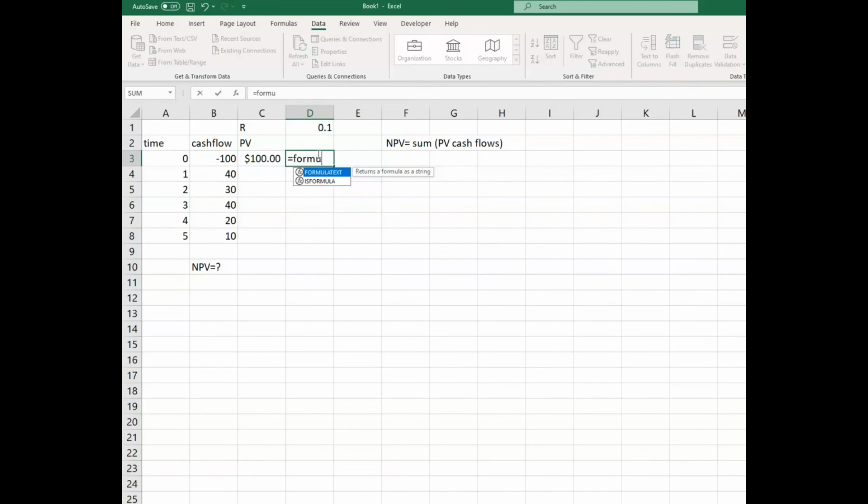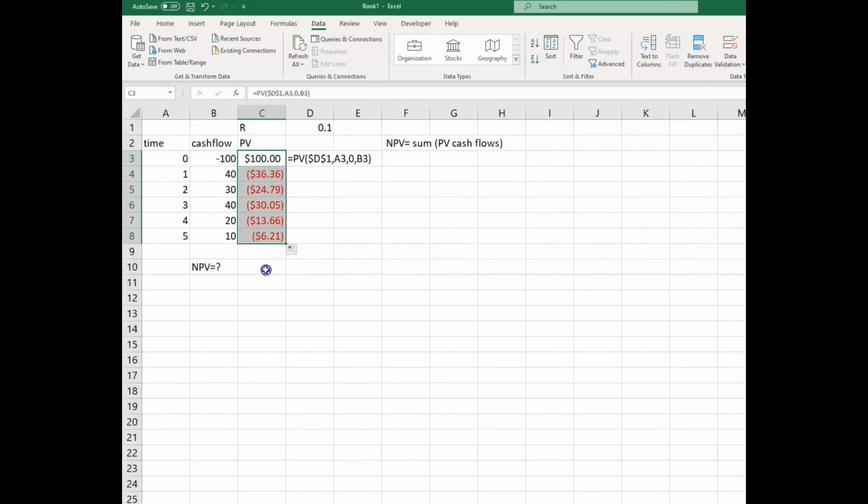I'm going to show the formula. We simply apply the formula. The only difference between this one and the previous one is that we lock the discount rate, or interest rate. Then we copy and paste.